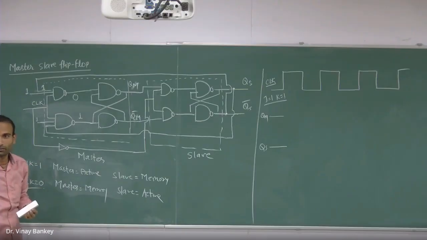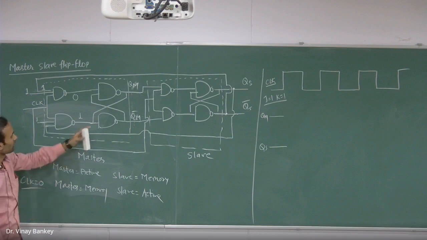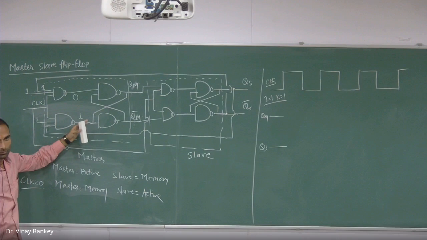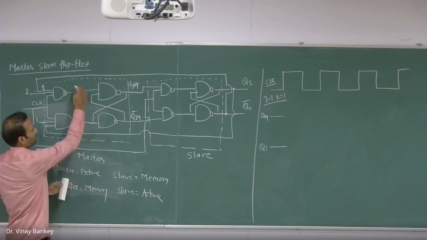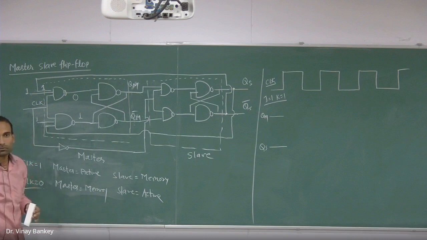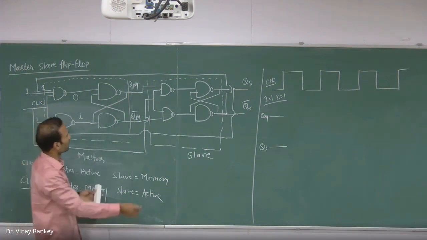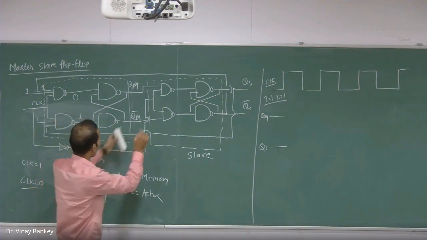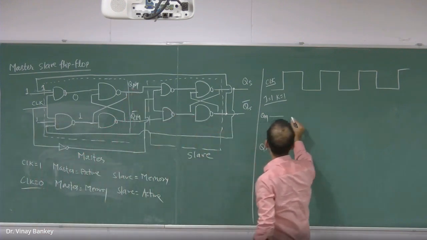It will be 1. Remember always, otherwise you will be in problem. For the latch, the output QM will be 1. If you don't believe, see the truth table of the NAND latch. So QM immediately becomes 1.